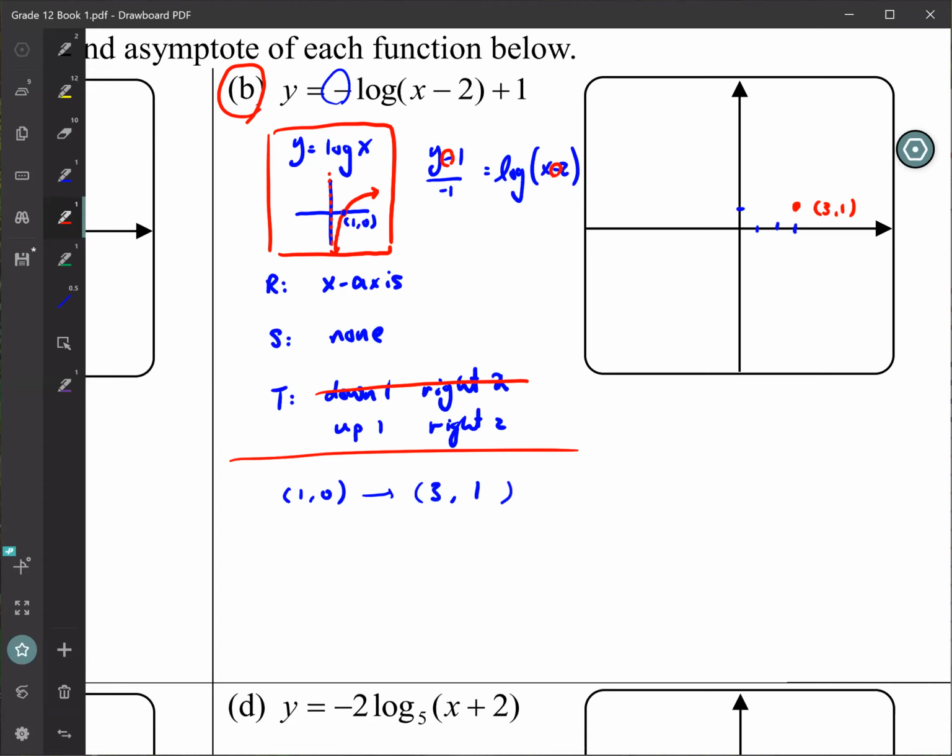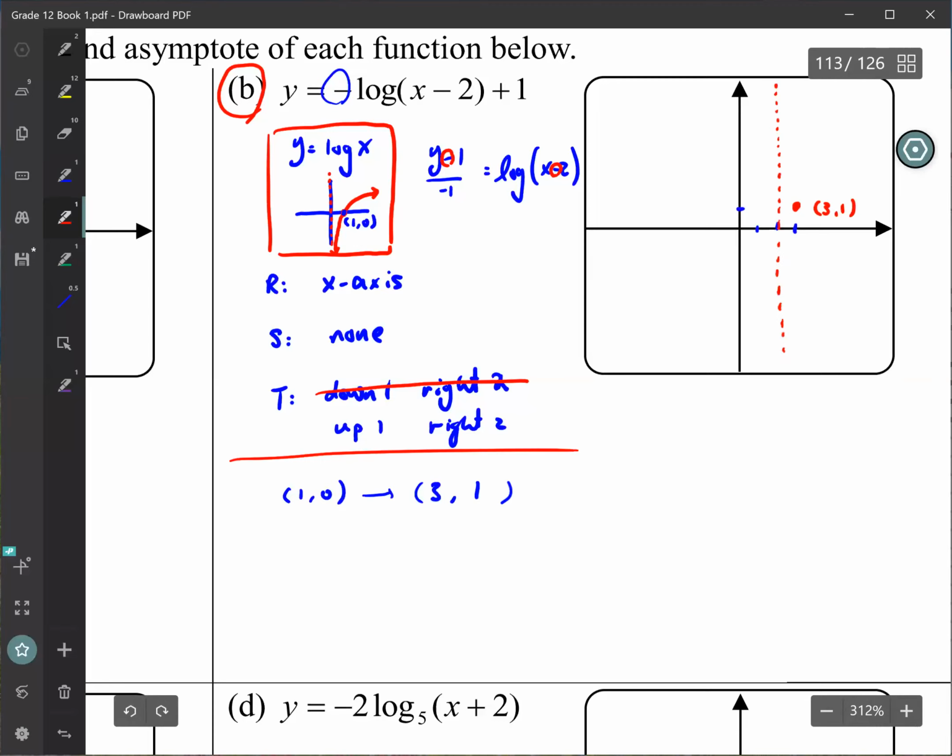Same with the stretching and shrinking, okay? So the only thing that's going to affect the asymptote is the translation. Moving it up 1 is still the same line, okay? Same location. It's only moving left and right that can make it change, okay? So here we're moving it right 2. So go to here.